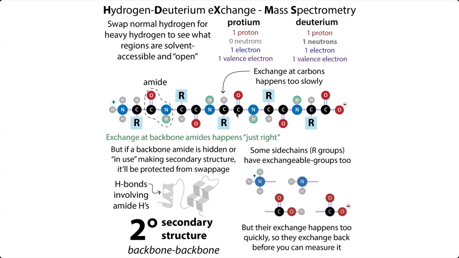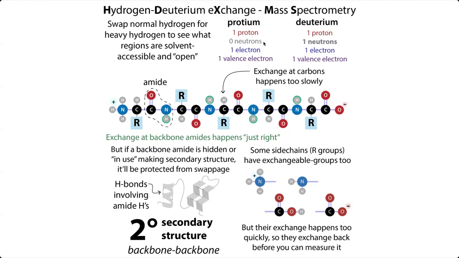They're going to exchange at just the right level so that we're going to be able to detect it, and I'll tell you in a minute how we'll detect it. Whereas the hydrogens on the carbon are too tightly held to the carbon. They're going to exchange very, very slowly, and so that's not going to be useful on an experimental time scale.